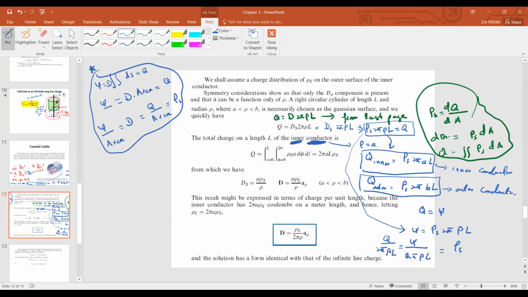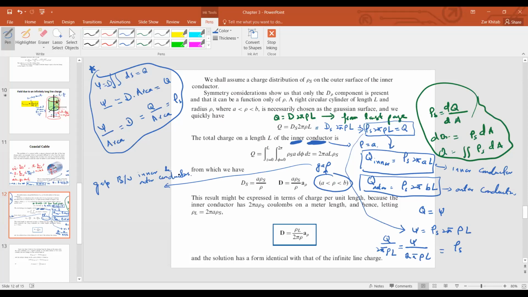You have all these equations, and this is the condition for the gap between inner and outer conductors.